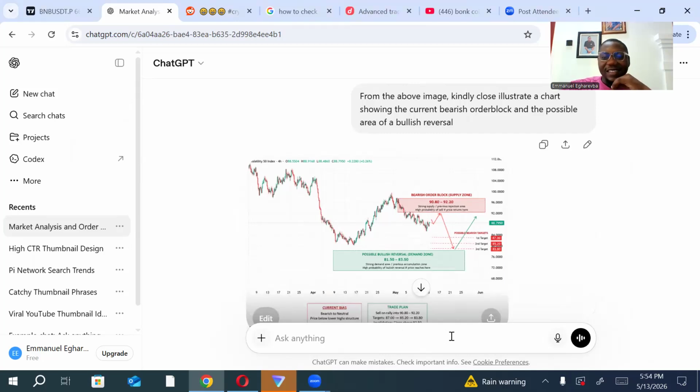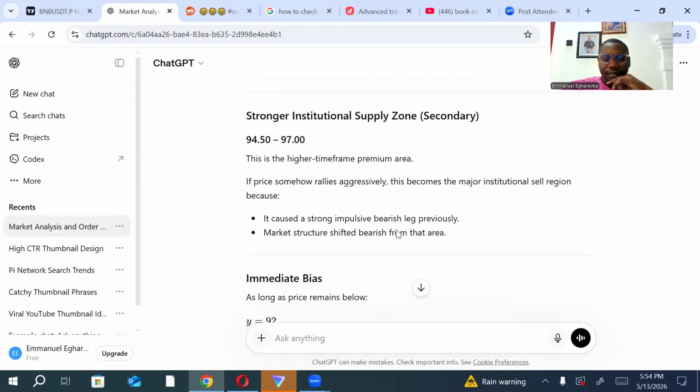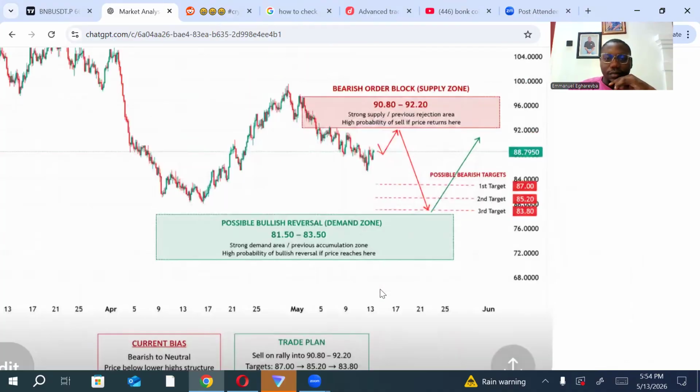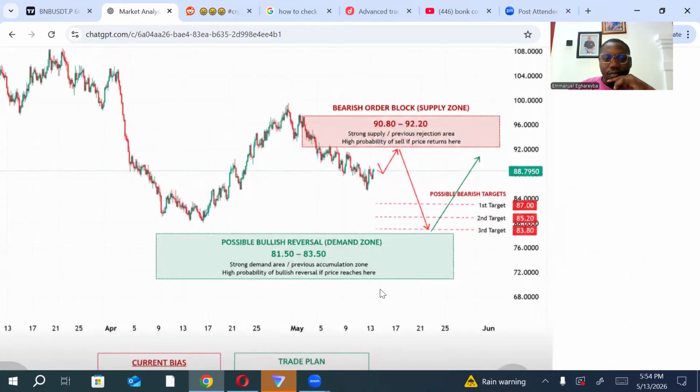Can you guys see this? Hope you are seeing this. This is the other block here. See, if price returns here, it's a high probability of a sell going to happen here.